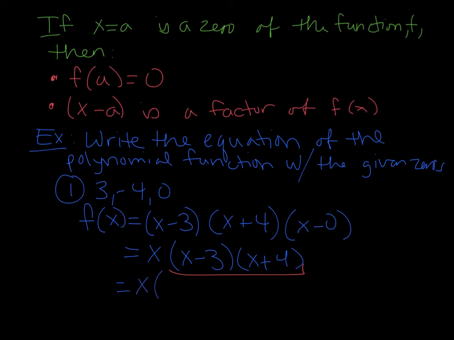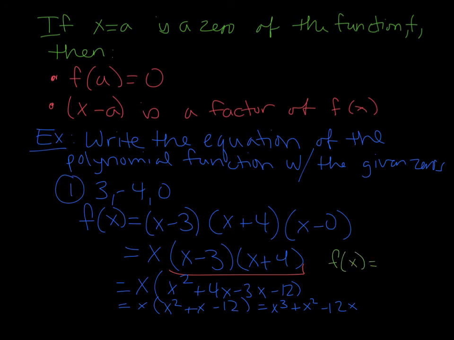So I'm going to get x times x squared plus 4x minus 3x minus 12, which gives me x times x squared plus x minus 12. And then I end up getting x to the third plus x squared minus 12x. So my final answer for that equation is f of x is equal to x to the third plus x squared minus 12x. And that's how you would write your answer.